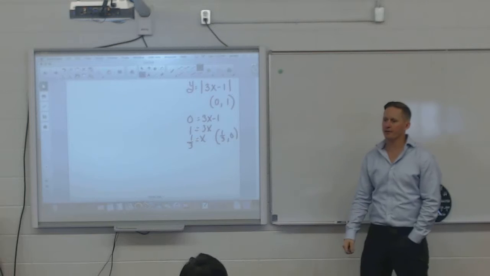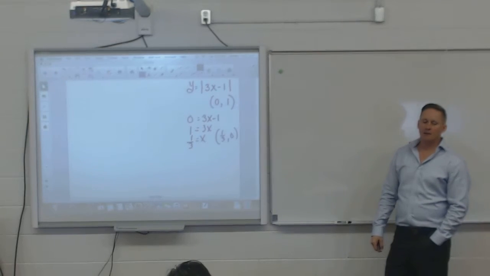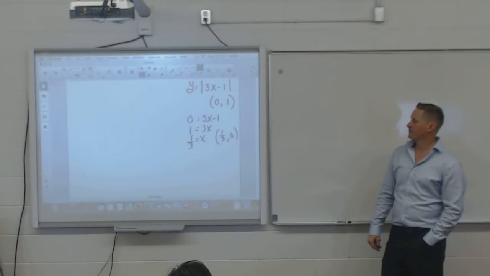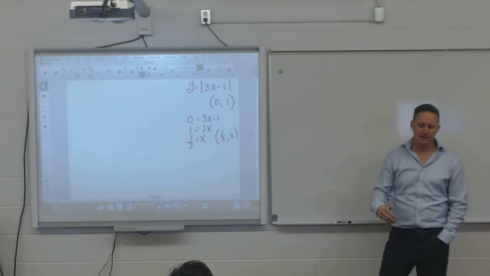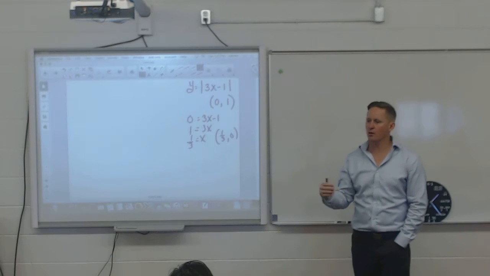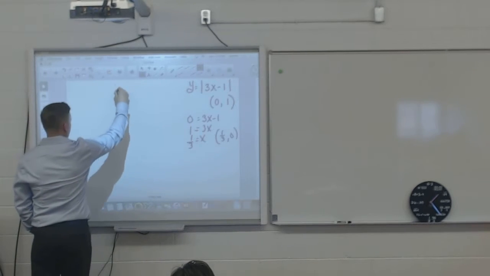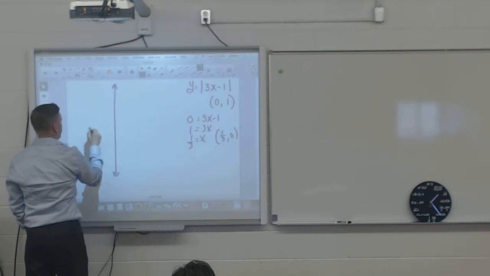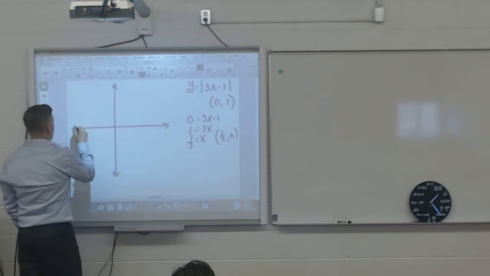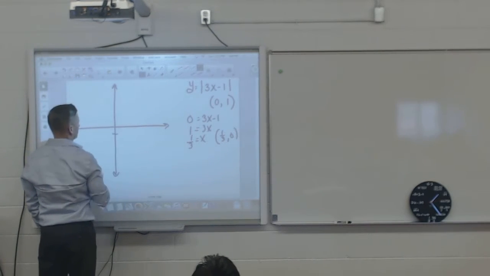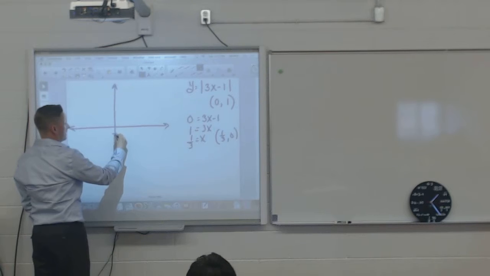The x-intercept is 1/3 and 0. Now, they want you to do that because then you plot those coordinates and graph it. But we're going to graph it the way we've always graphed it. What's my starting coordinate? My coordinate: 0, negative 1, that's right, right there.